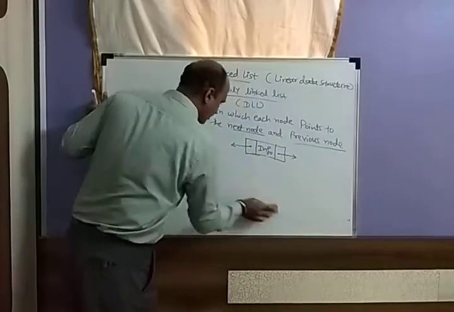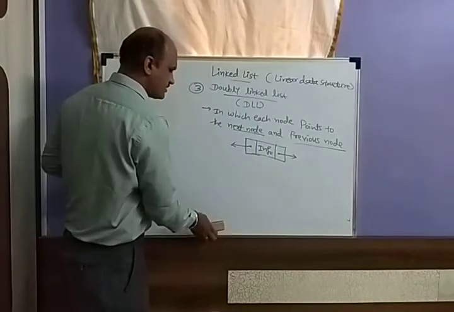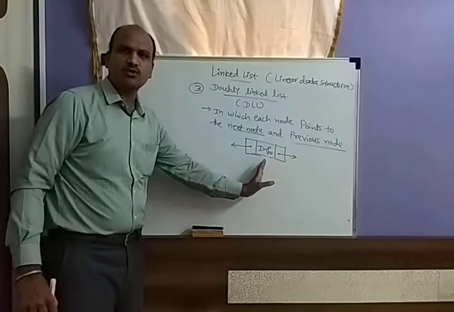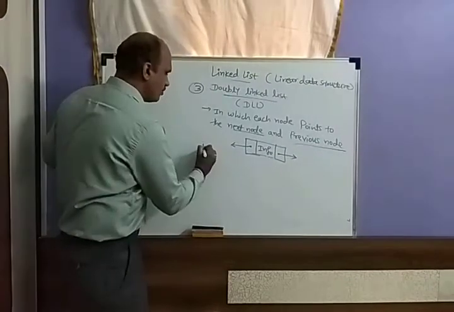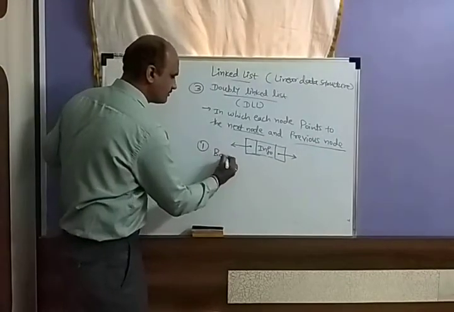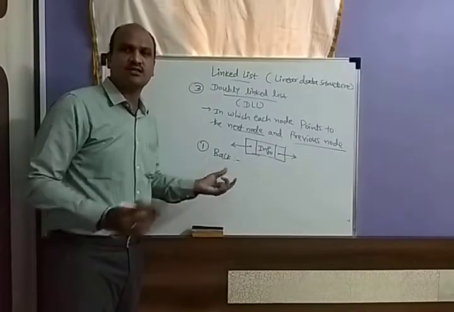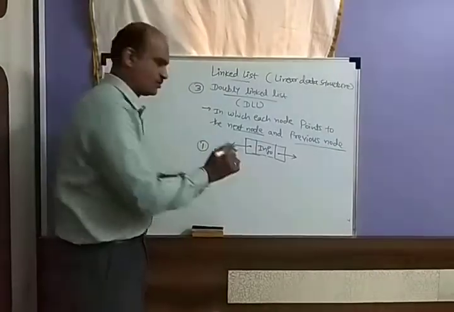That's why we call it doubly: there are two links, one to the previous node and one to the next node. Back contains the address of the previous node.